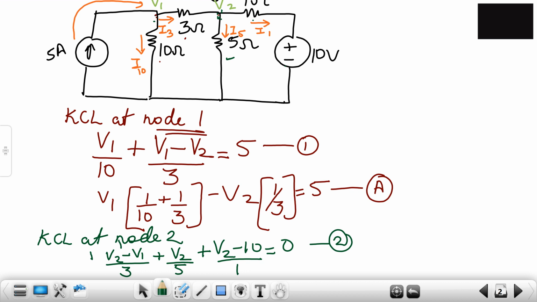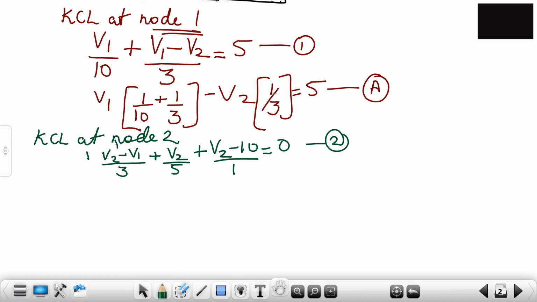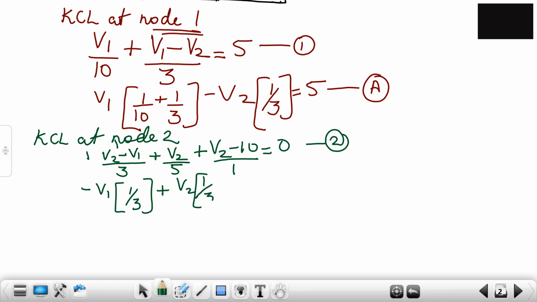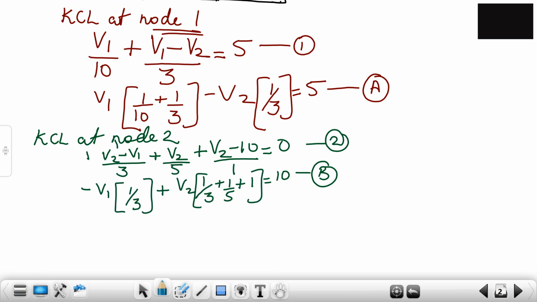Let's rearrange the equation. Once you rearrange, you get minus V1 (1/3) plus V2 (1/3 + 1/5 + 1) is equal to 10. So let's solve it.